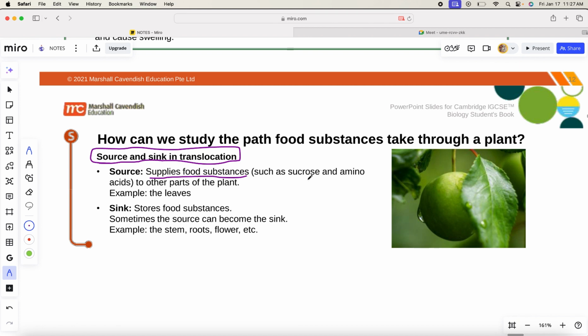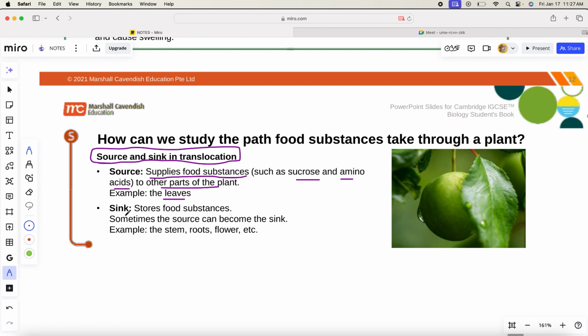Sucrose and amino acids. The source supplies food substances such as sucrose and amino acids to other parts of the plant. A good example of a source is the leaf, because that's where photosynthesis takes place and the food is manufactured.